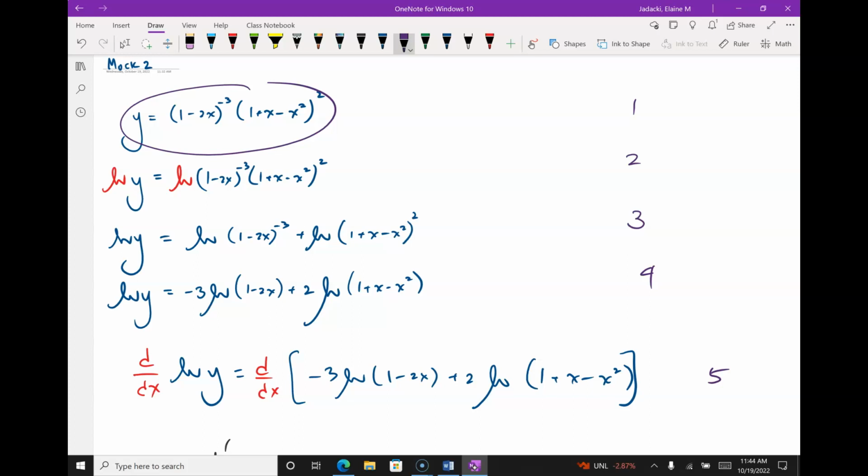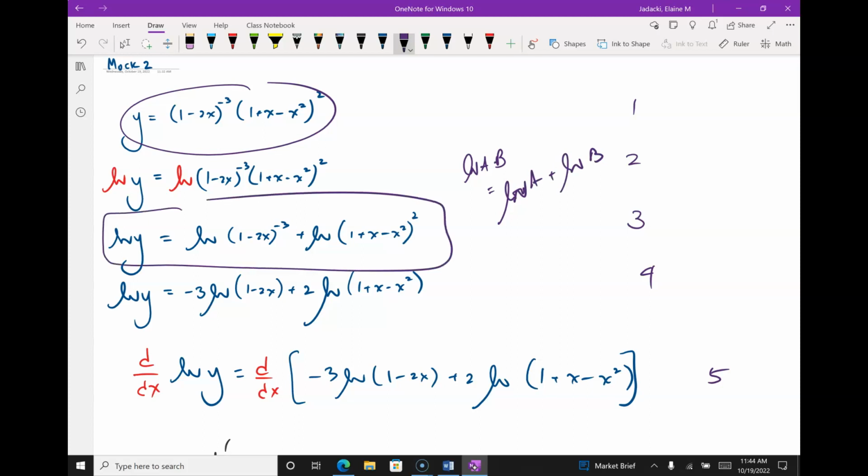So I take the ln of both sides, and from pre-cal, we know that the log of a times b is the log of a plus the log of b, right? So that's how I get line 3. And we also know from pre-cal the log of a to the n is n times log of a.